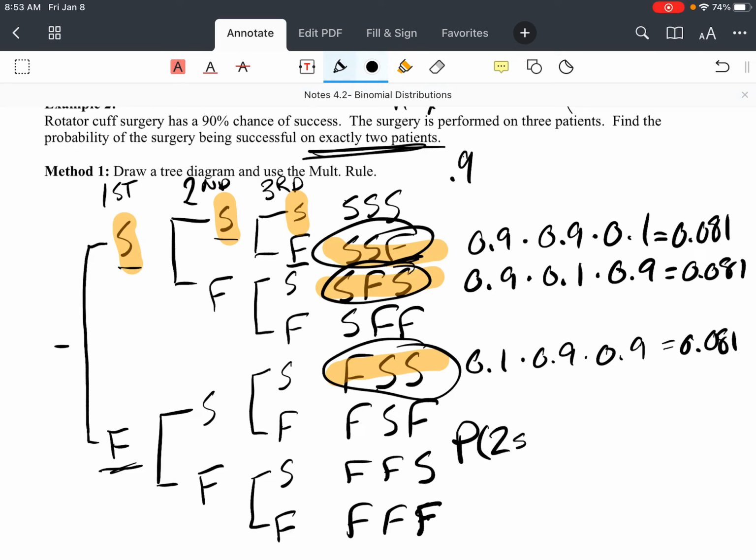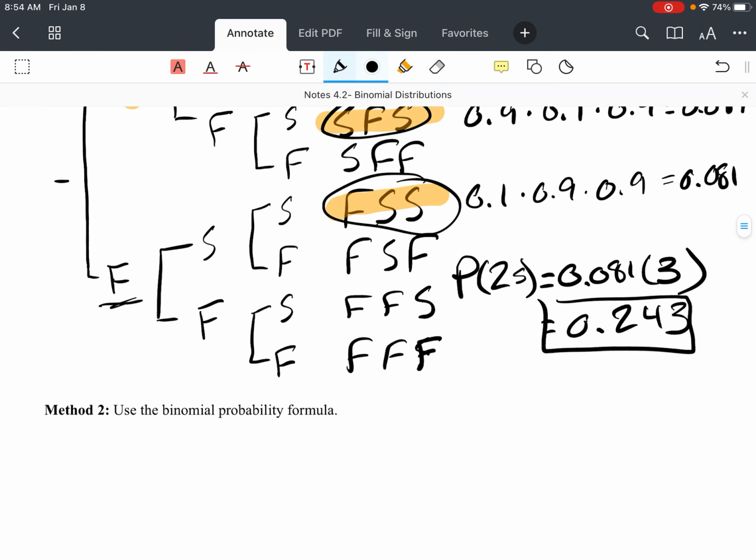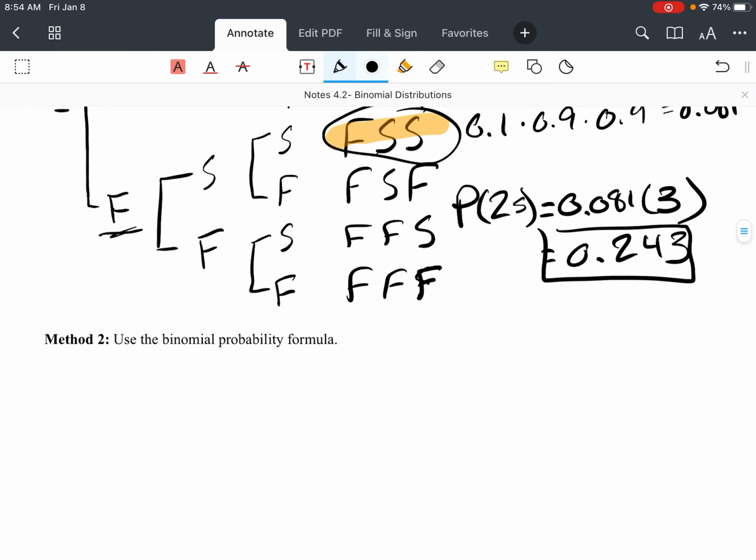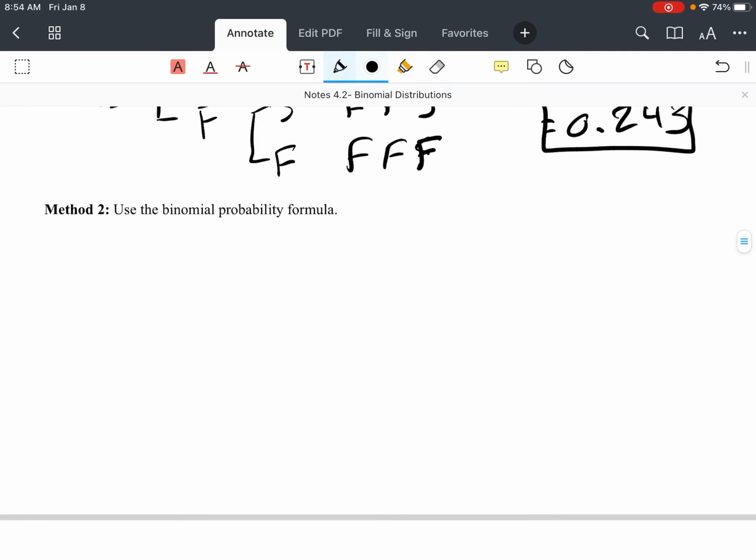So the probability of 2 successes would be 0.081 times 3, which gives us 0.243. So the probability of exactly 2 patients having a successful surgery is about 24.3%. So we have about a 24% chance that only 2 patients will have a successful surgery.